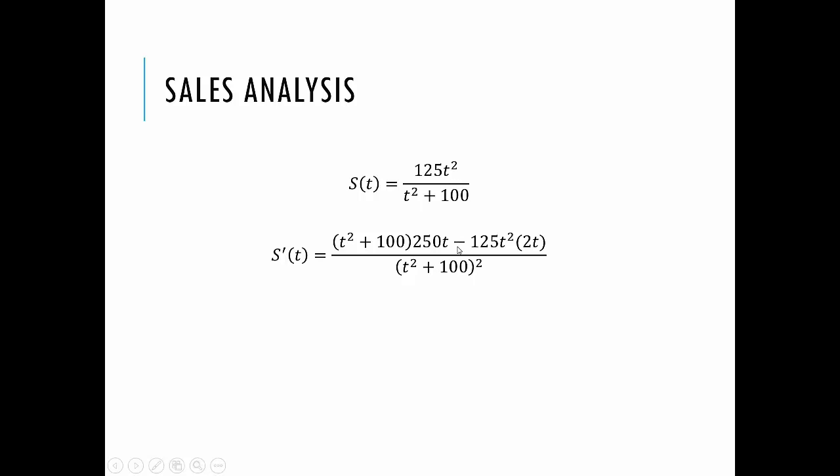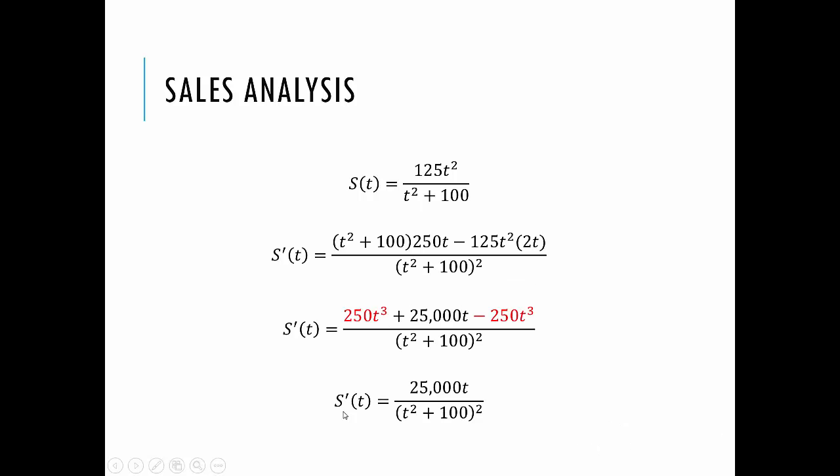Subtract 1, so T, minus leave the top alone times the derivative of the bottom, 2T. And now I just simply multiply everything out. I can see the 250t cubes are going to so nicely cancel, and I get my derivative.